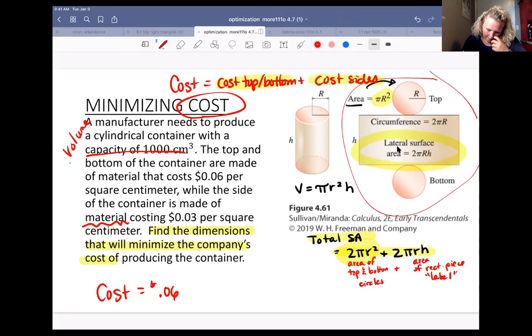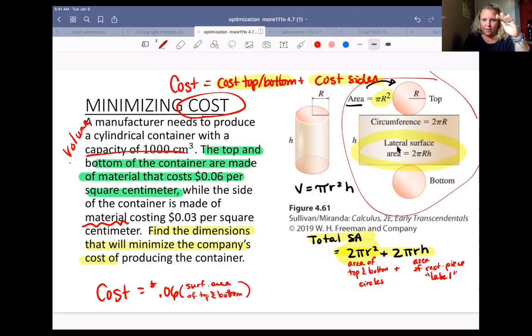The top and the bottom, I'm reading the question here. The top and the bottom of the container are made from material that costs 6 cents per square centimeter. So 6 cents times the surface area of the top and the bottom. Okay, so whatever surface area those circles encompass, it's 6 cents per square centimeter.